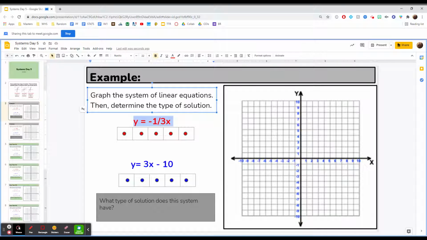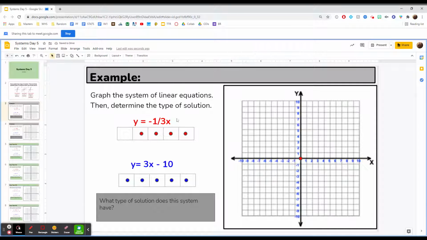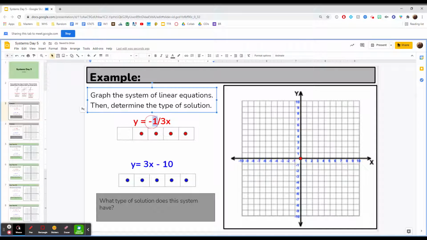Since I don't have anything else after, my y-intercept is 0. So it's going to be that point. That's my first point, the y-intercept. Then my slope is -1 for y and 3 for x. So from the y-intercept, I'm gonna go down 1 on the y and then 3 to the right on the x. So 1, 2, 3.